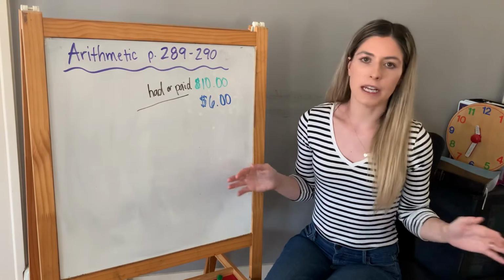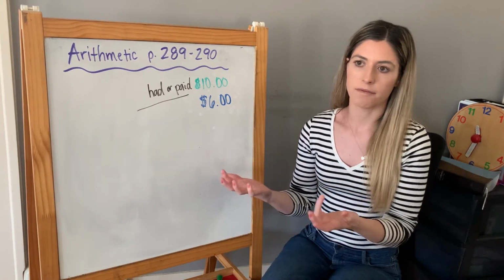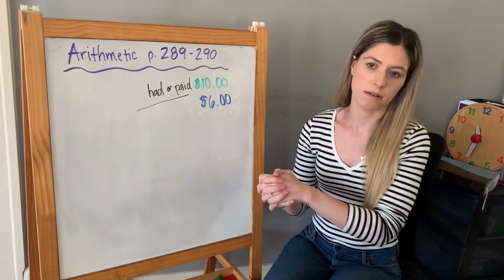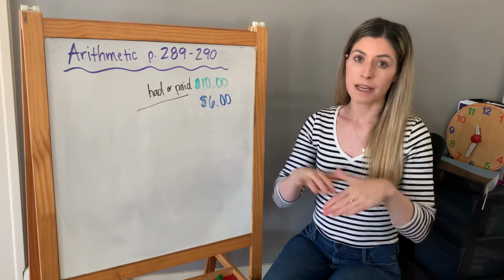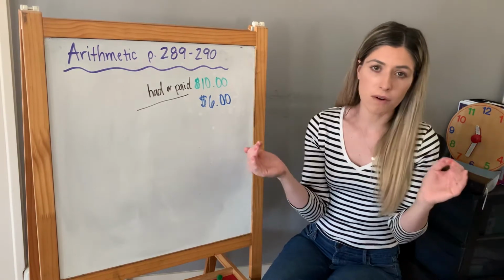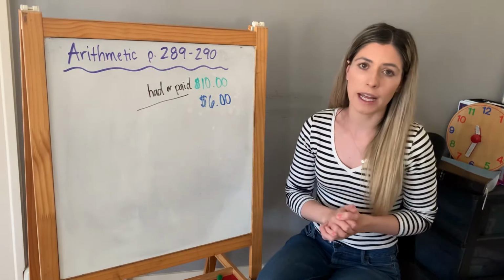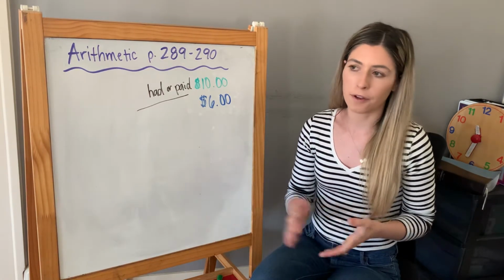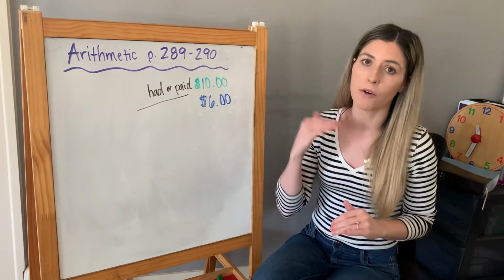So even for more expensive things like a PlayStation. You gotta have that exact amount or more in order to buy that item. They're not gonna let you go to Target and buy a PlayStation for $3. That's nowhere near enough. You have to have the exact amount or more.